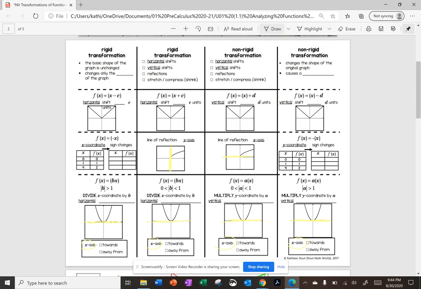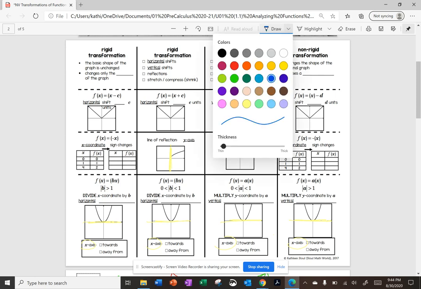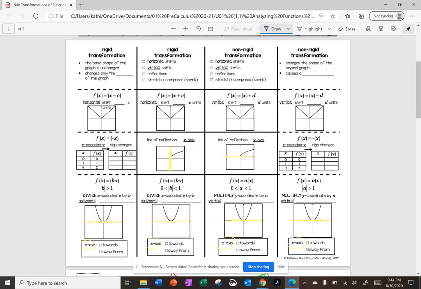Okay, so to go back to geometry, geometry had rigid and non-rigid transformations. So a rigid transformation, the basic shape of the graph is unchanged and changes only the position of the graph.